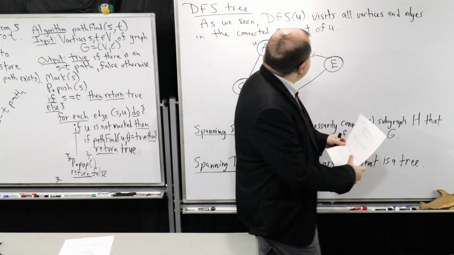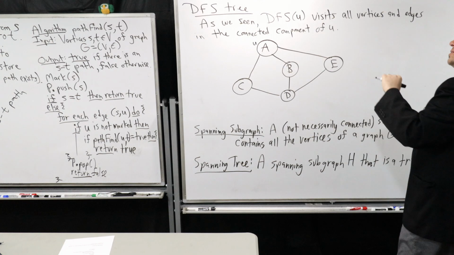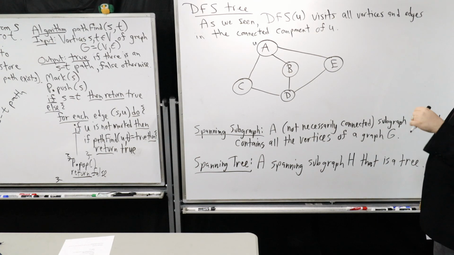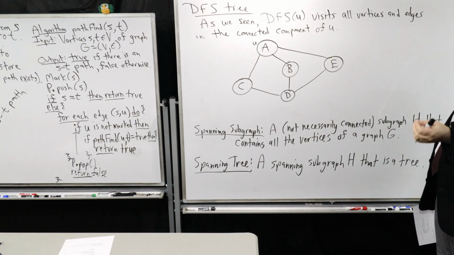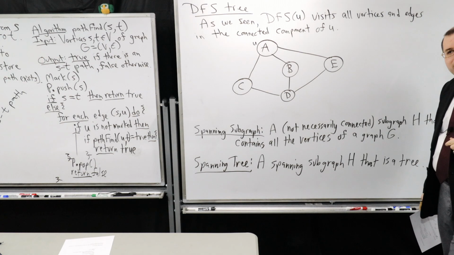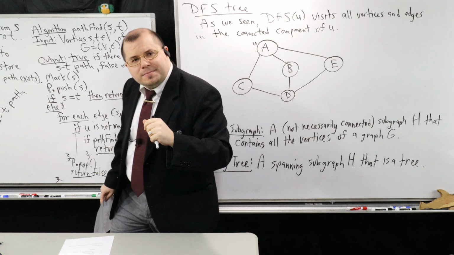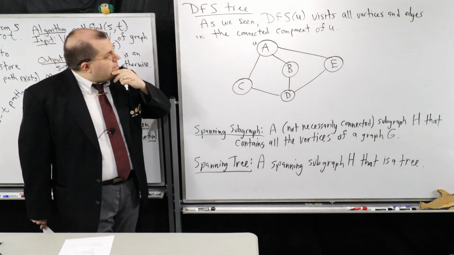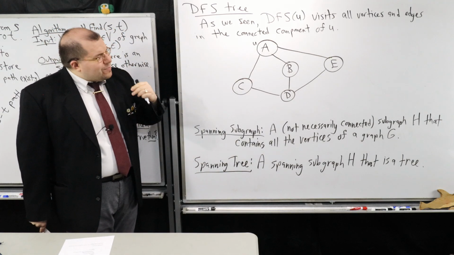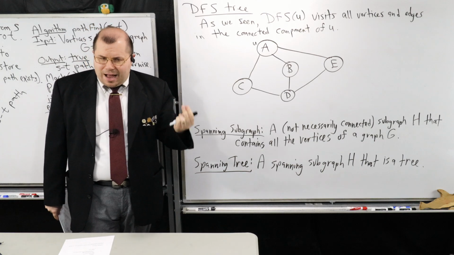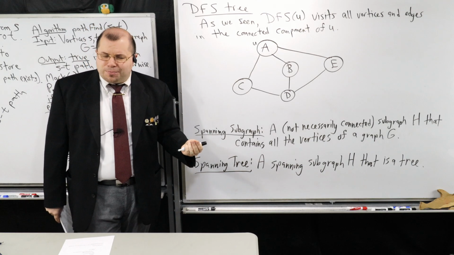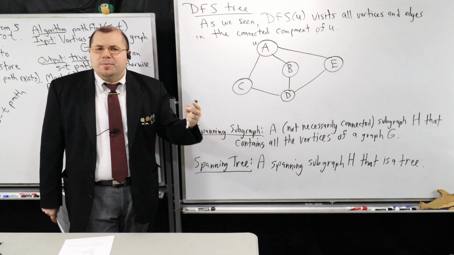Do you recall that when I call DFS on a vertex U, it visits all the vertices and edges in a connected component with U in it, right? It goes to all the vertices reachable from U. Remember, we had this labeling process where we labeled edges by two different kinds.